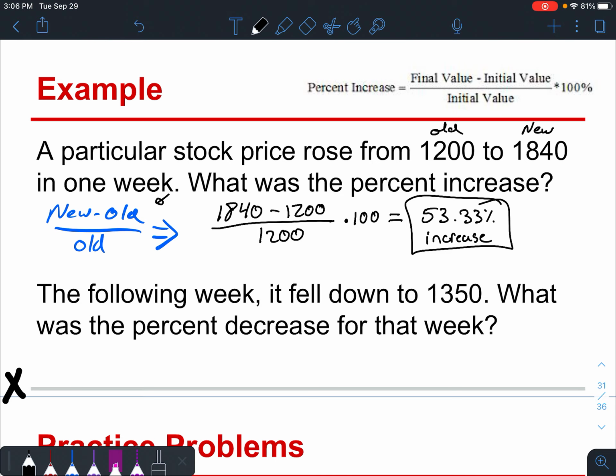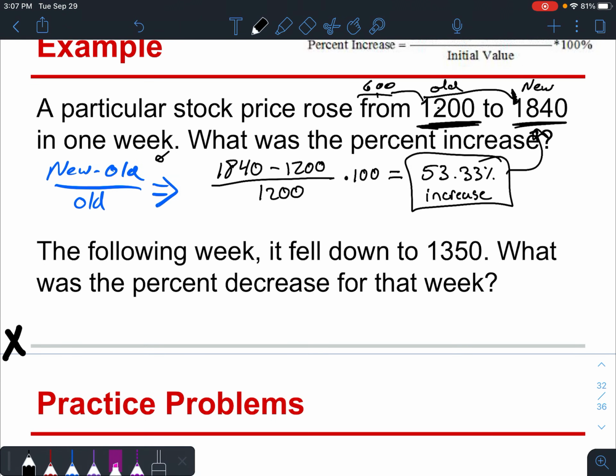Now, if you look at this and say, okay, a 50% increase, well, just doing a little bit of mental math, 50% of 1,200 would be 600. So if I increased 50%, I would be adding 600, which would be 1,800, so 53% seems plausible.